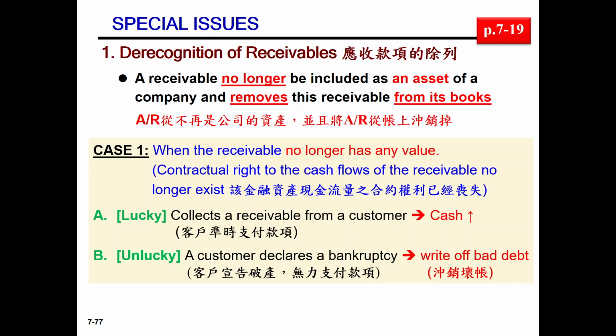How to write off your bad debts? What's a debit? What's a credit to write off your bad debts? Because here, unlucky, we mean actual loss happens. Okay? Actual loss happens. Allowance method: how to write off the bad debts?